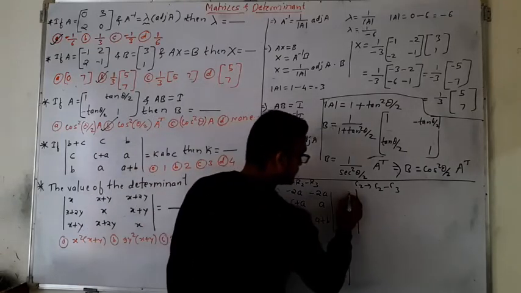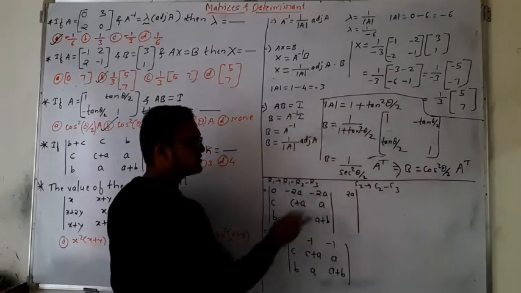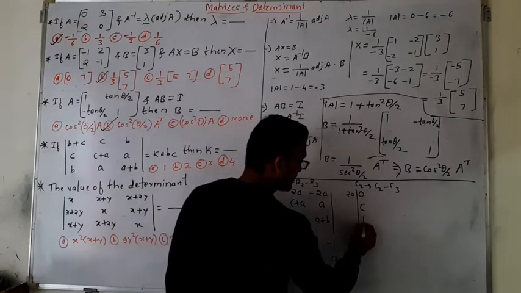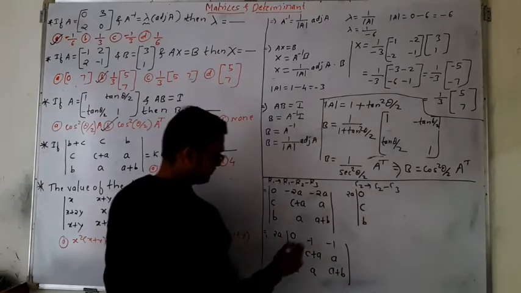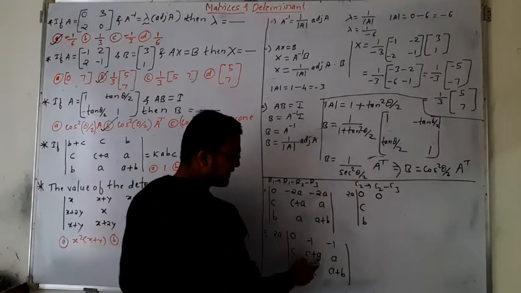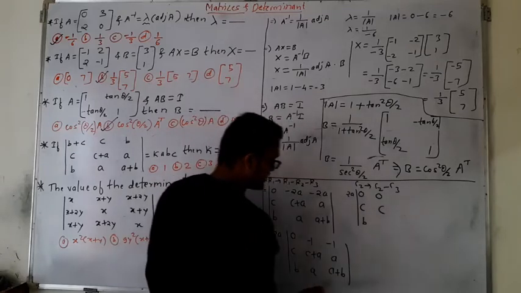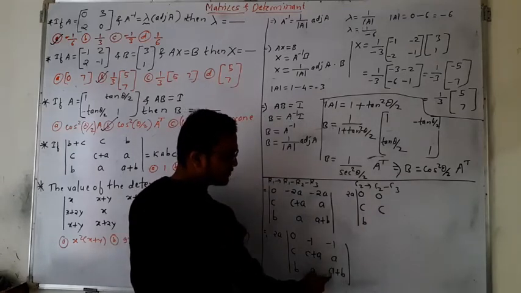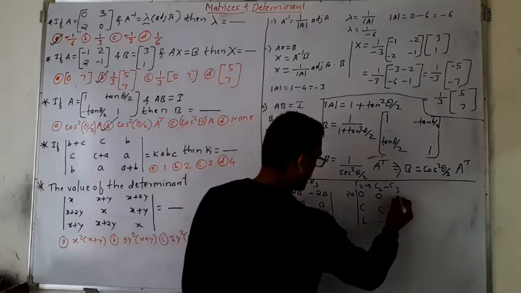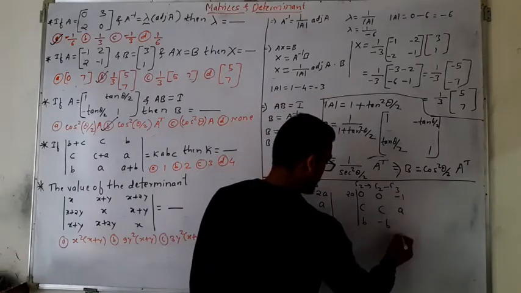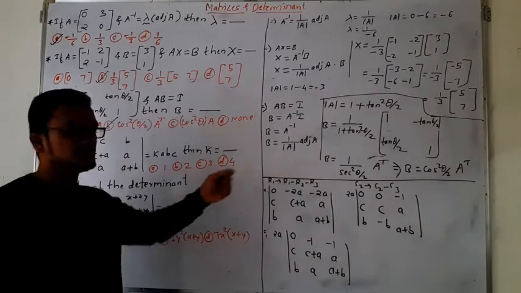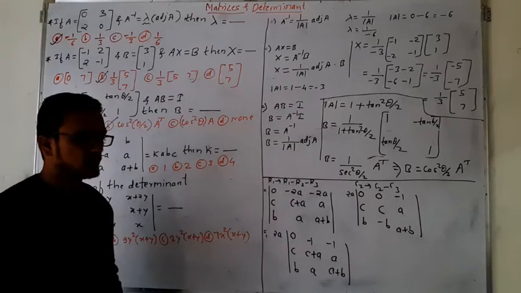Therefore this is 2A into the determinant of, we are changing the C2 column, I'll keep the C1 column as it is: 0, C, B. Then here minus 1 plus 1 is 0. C plus A minus A, it is left with C. A minus this, so A gets cancelled, left with minus B. And the third column as it is, that is minus 1, A plus B. Okay, now in this we got two elements as 0 in the first row.